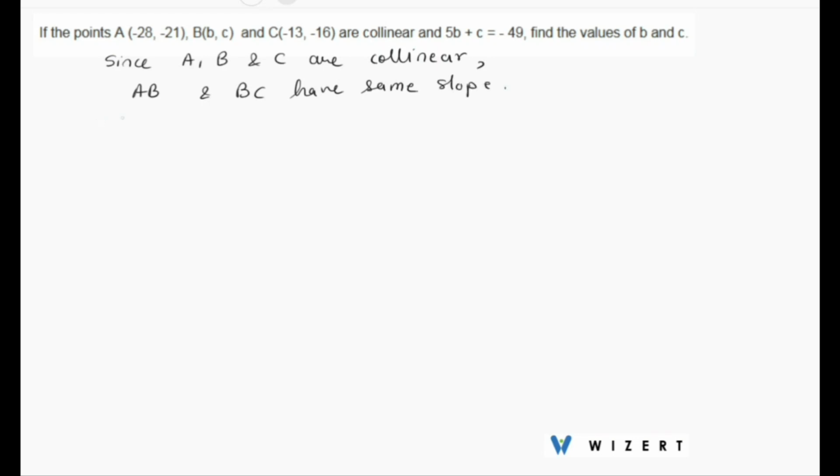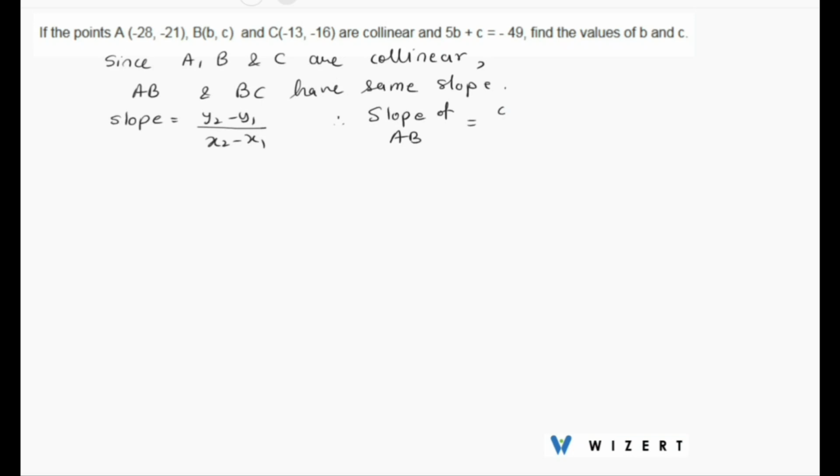So let's look at it. Slope of any line joining 2 points is given by slope equal to (y2 minus y1) upon (x2 minus x1). So by simply putting the values we get, slope of AB is equal to, A is (-28, -21) and B is (b, c).